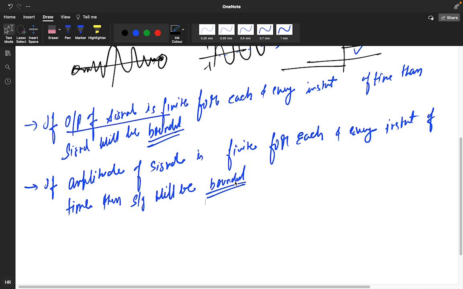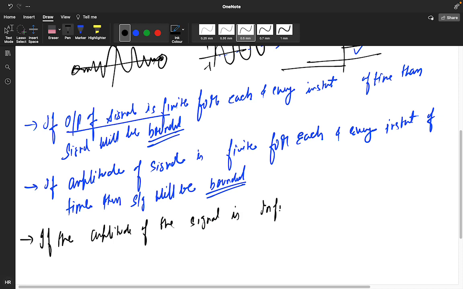If the amplitude of the signal is infinite, then the signal will be unbounded.